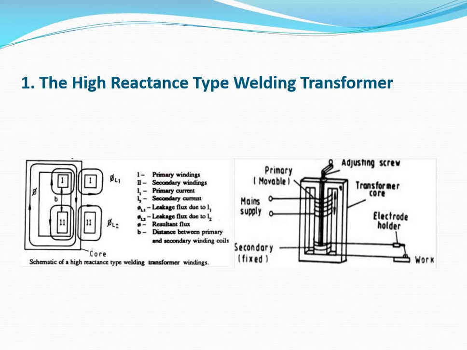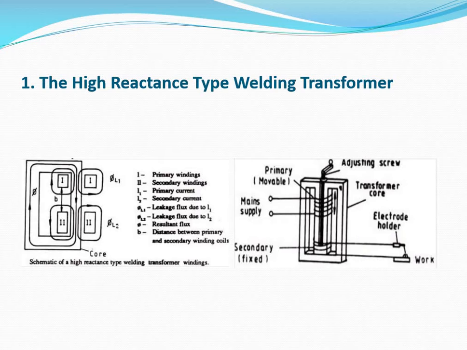As the current increases, the leakage fluxes also increase, and so the EMF of self-induction increases. This is why an increase in primary or secondary current results in an increase in reactive voltage drop across the respective windings.